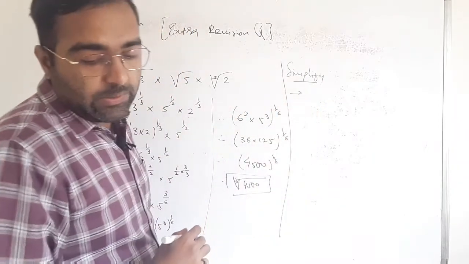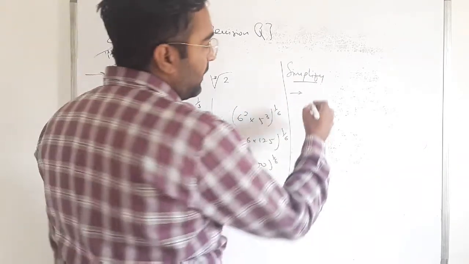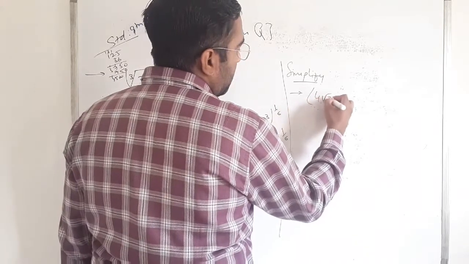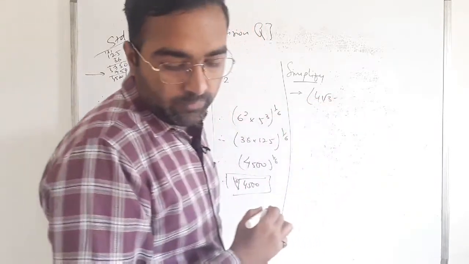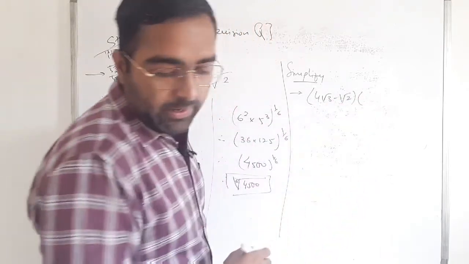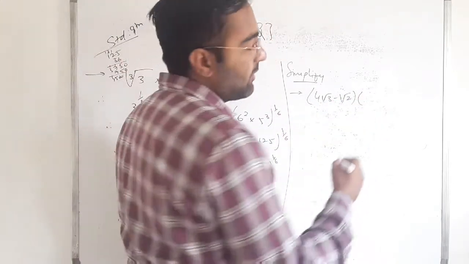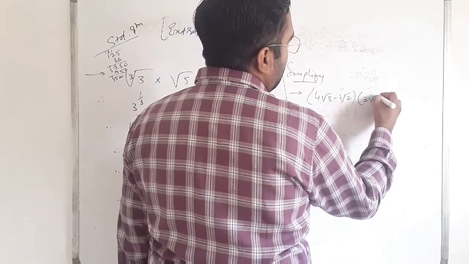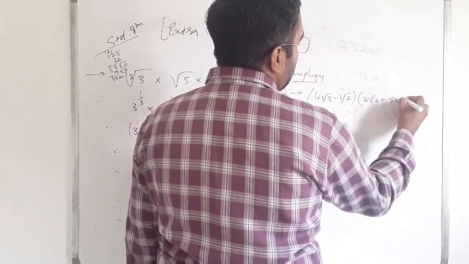The question is 4 root 3 minus root 2, in the second bracket 3 root 2 plus 5 root 3.